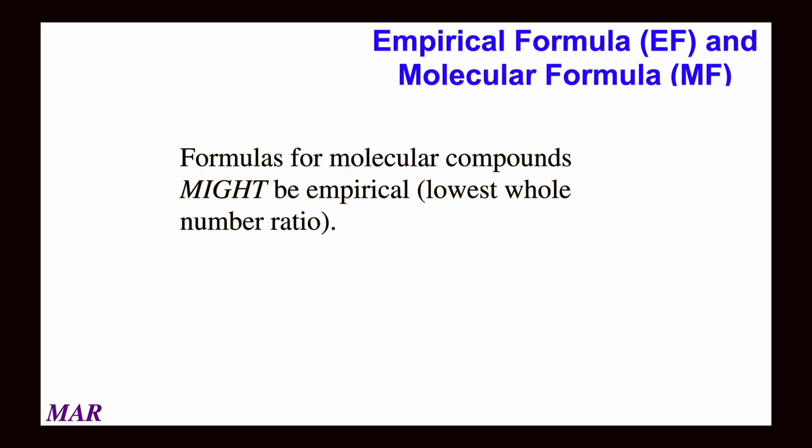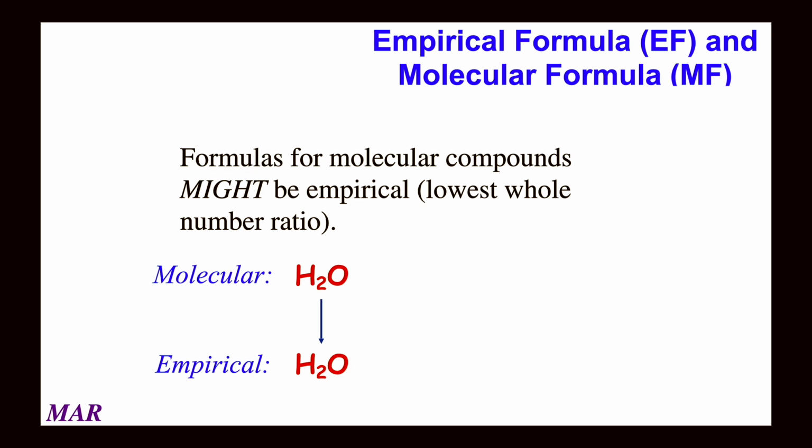However, for the molecular compounds, the covalent nonmetal plus nonmetal compounds, they may or they might not be empirical. Here are some examples of different things that I happen to think of. Water's molecular formula is H2O. And you can't make H2O any smaller without going into those dreaded fractions. So water has the same empirical and molecular formula.